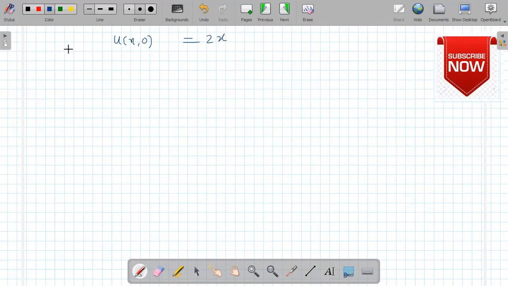so that we take the finite Fourier sine transform of this. And we have integral 0 to 4 of 2x sine p pi x over 4 dx.